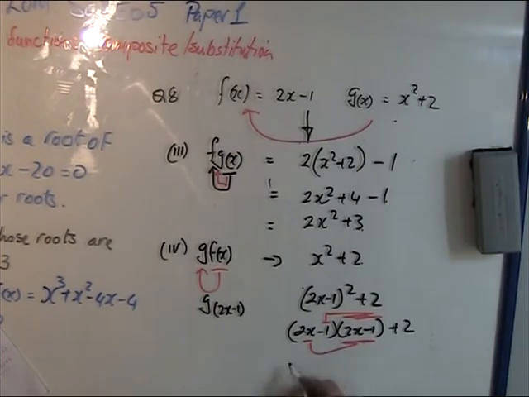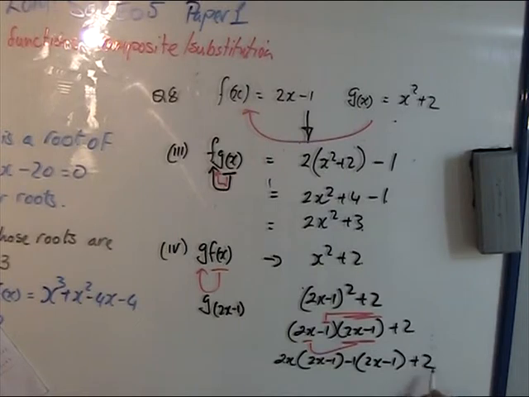Okay, so you multiply them out and you have 2x by 2x minus 1, minus 1 by 2x minus 1, plus 2. 2 by 2 is 4, x by x is x squared, plus by a minus is a minus, 2x, minus 2x, minus by a minus is a plus 1, plus 2. So you're left with 4x squared minus 4x plus 2, and it's a quadratic. Okay? Oh, plus 3. 1 and 2 is 3.